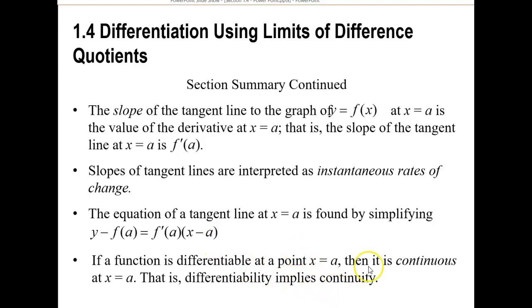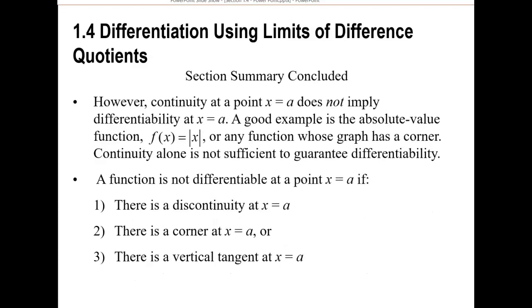If a function is differentiable at a point, then it's continuous. So if it's differentiable, you automatically have continuity. However, the reverse is not true. Continuity at a point does not imply differentiability. So an example of that is your absolute value function, kind of like the last example we talked about. If I just had absolute value of x, or any graph where we have a corner, that function is continuous.